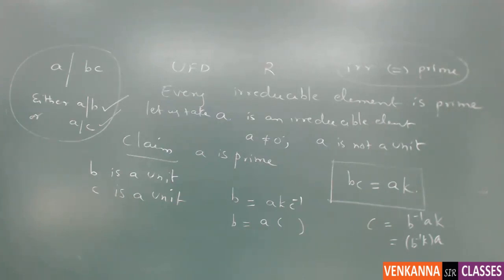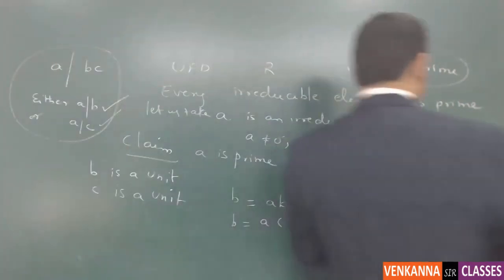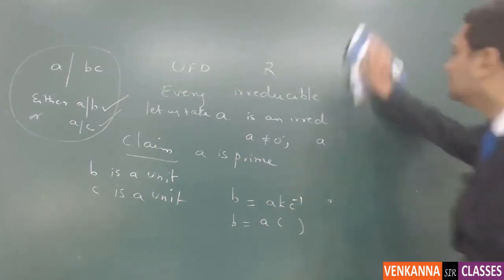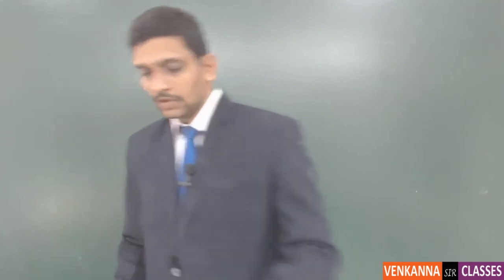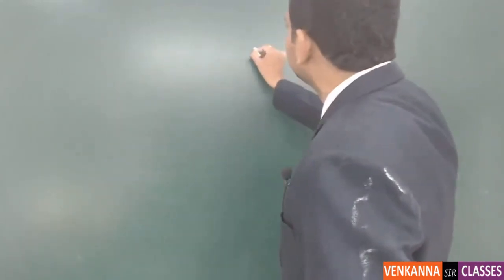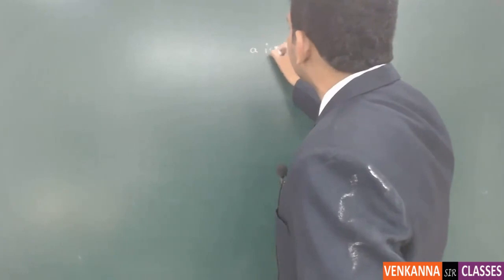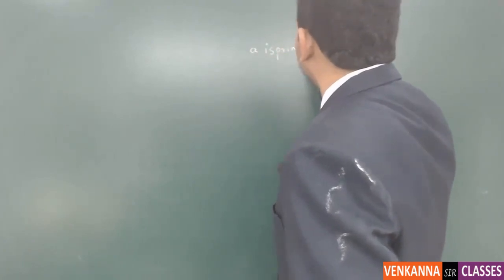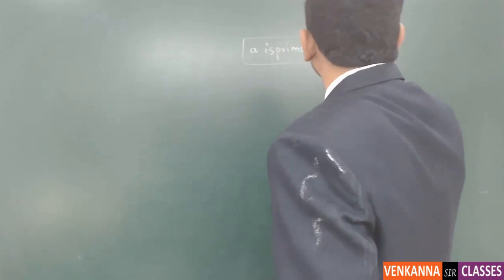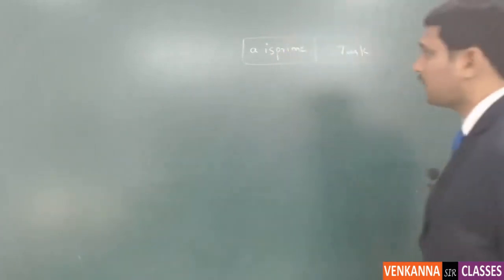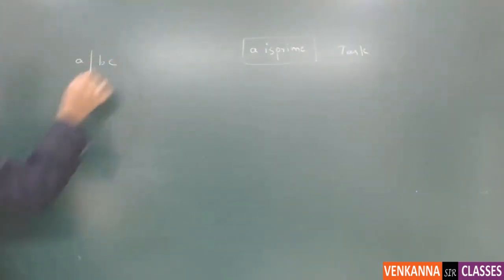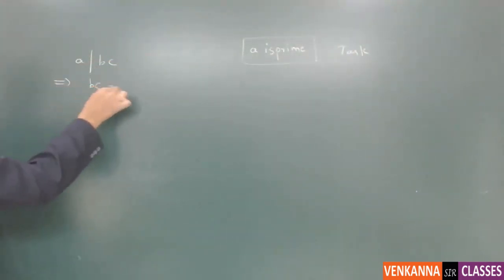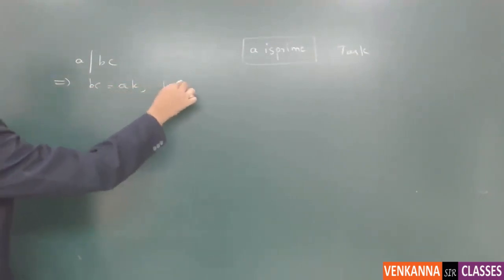If you get confused with the representation written like this, I will present it in another way, just like a small diagram that gives a good idea for you. What you are doing is: A is prime, this is our task. For this, we start with A divides BC. So immediately you can say that BC is equal to AK, where K is a number.